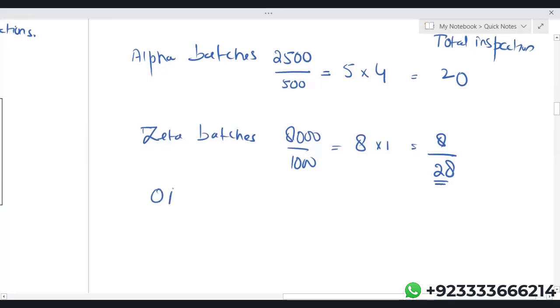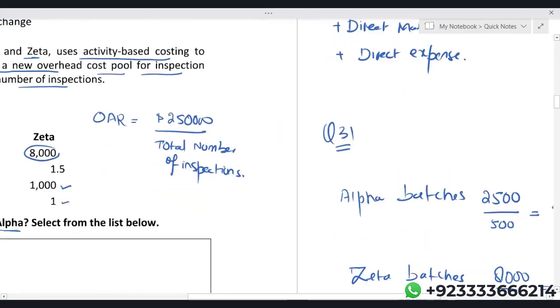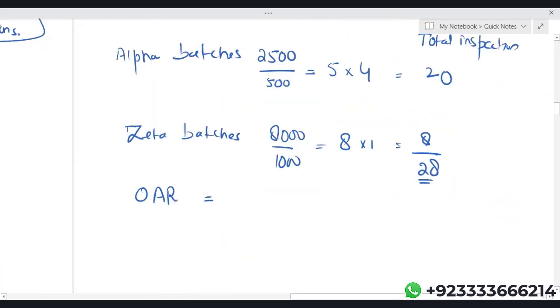So the overhead absorption rate per inspection. Look at this. Total overheads relating to inspection, we know, are 2,50,000, divided by the total number of inspections, which we have calculated, that is 28. So simply 2,50,000 divided by 28.